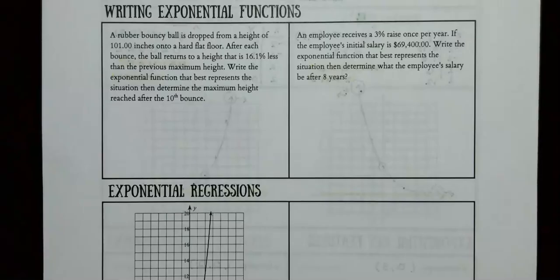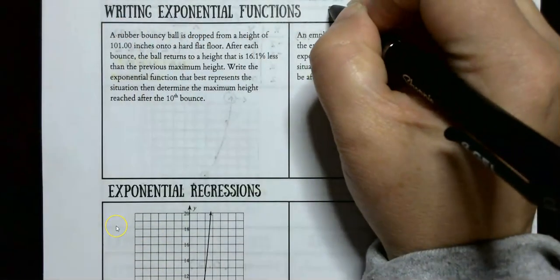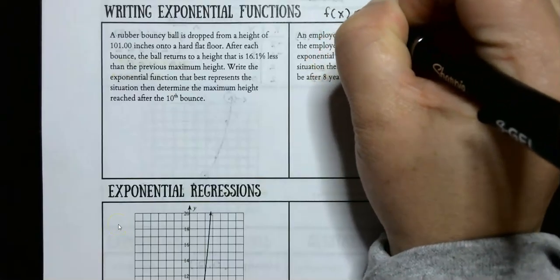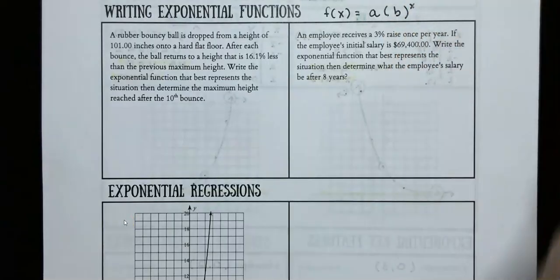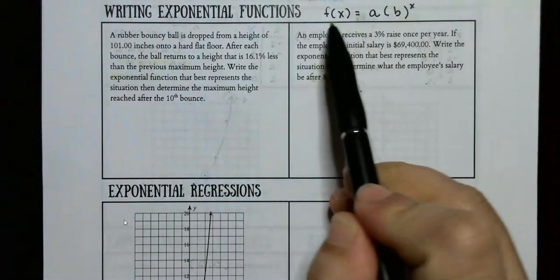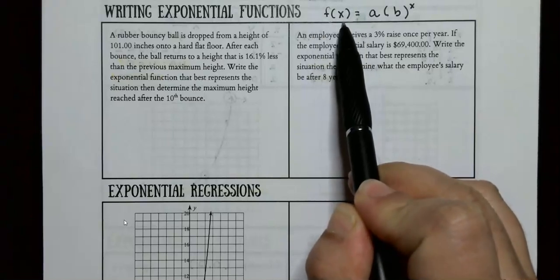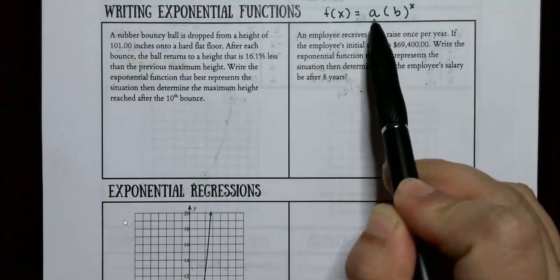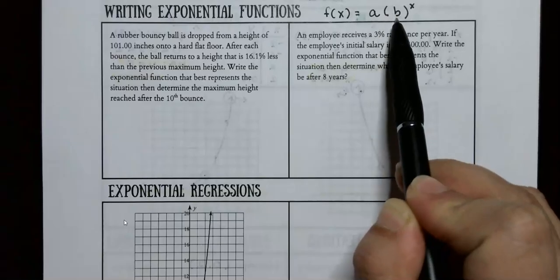So over here to the side, where it says writing exponential functions, I'm going to write the form that we're going to use. Just to remind you, f of x is just the name of the function. It doesn't have to be f of x. It could be y or anything else. But the one that is very specific to the exponential function is the a. This is our starting point, our y-intercept. Our b is going to be the rate at which something is changing.